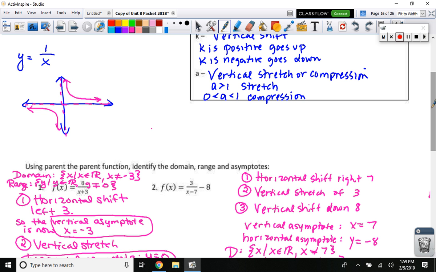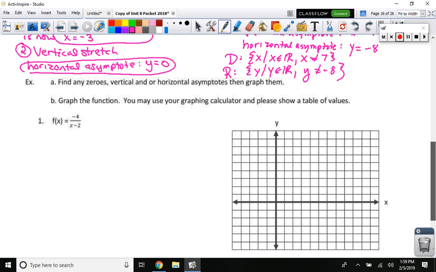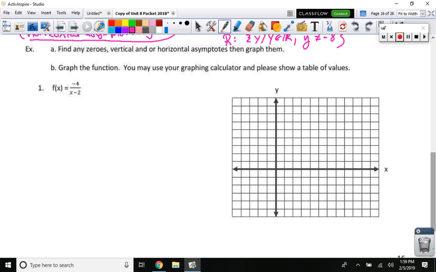Anything else? We didn't do it by transformations on that one, right? Okay. So, find the zeros, vertical asymptotes, horizontal, and then graph. We're not using our graphing calculator right now. We should be able to get a really good idea what this looks like way before we need our graphing calculator. So what do I got for a vertical asymptote? How am I going to find it? Undefined, right?